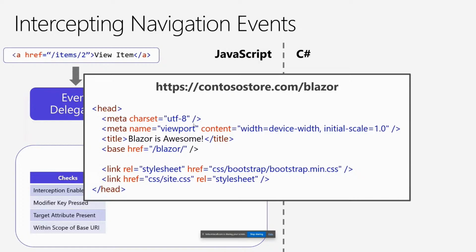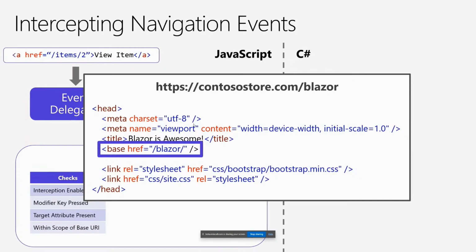So in this example, if we were trying to go to a link that was contusostore.com/item/2, well, our base href is now set to /Blazor. So the router would leave that link alone because it doesn't fall within the scope of the application. It would only intercept links that began with /Blazor.